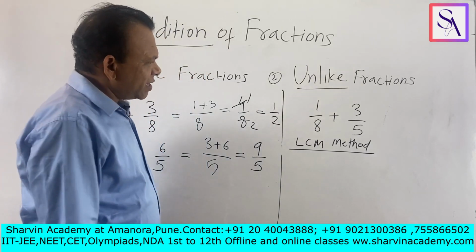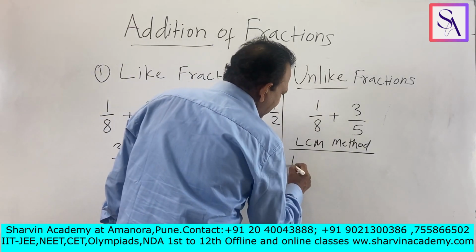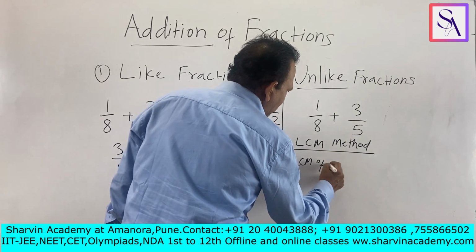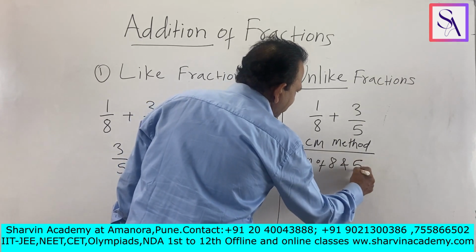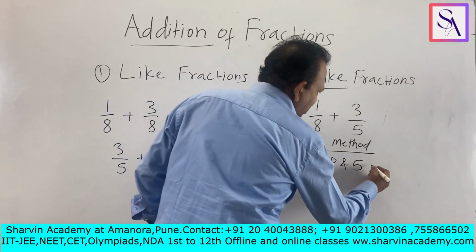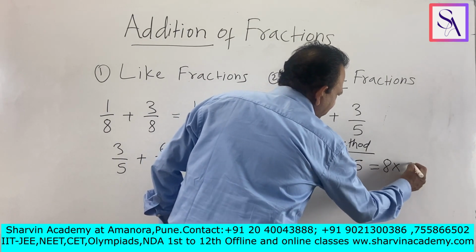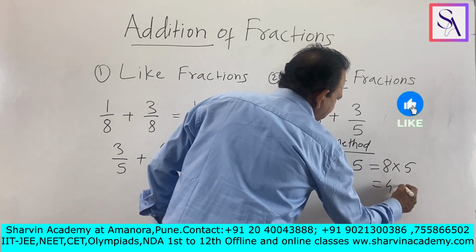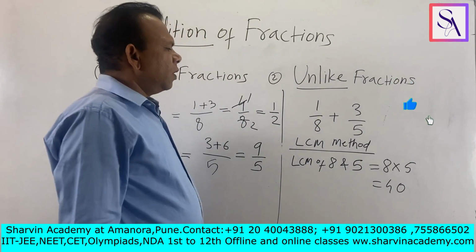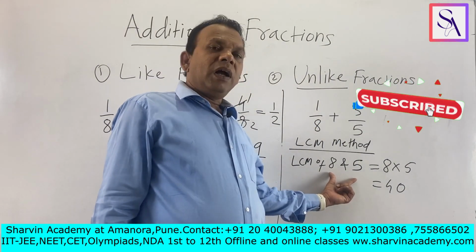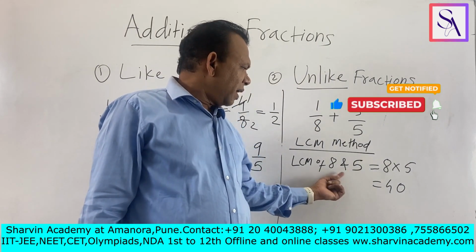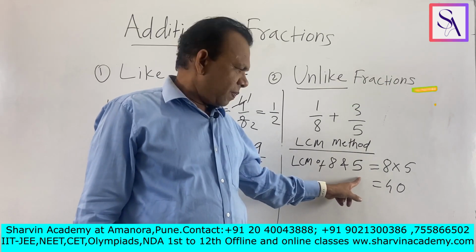So how to take LCM of 8 and 5? LCM of 8 and 5. Just multiply them. 8 into 5, that is 40. Why multiply them? Because one of the numbers, 5, is prime, right?